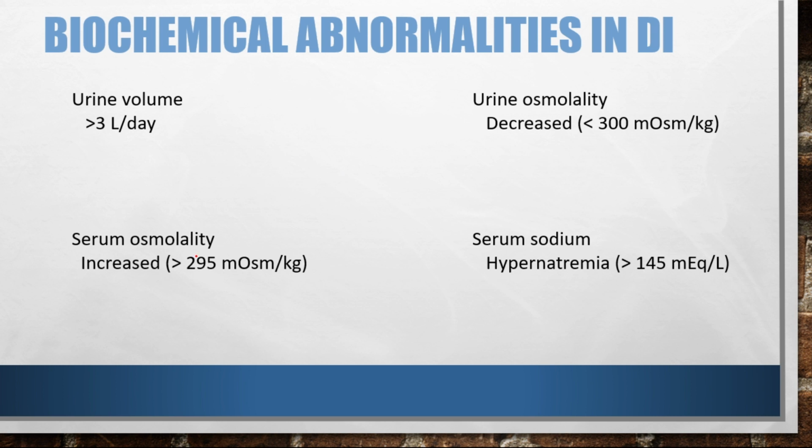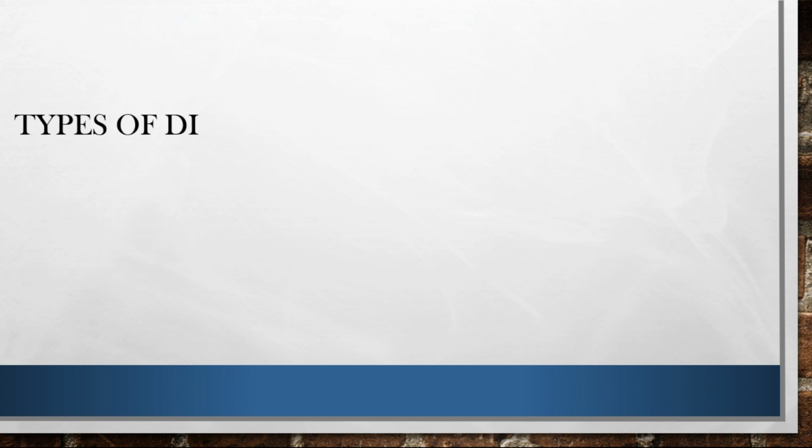Serum osmolality, which normally should be between 275 to 295 milliosmol per kg, is increased in diabetes insipidus, more than 295 milliosmol per kg. And serum sodium is also increased, that is more than 145 milliequivalent per liter. Normally it is between 135 to 145 milliequivalent per liter.